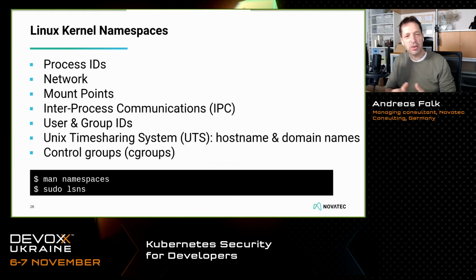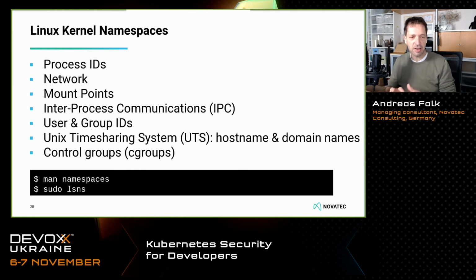When it comes to Linux kernel namespaces, this is the number one isolation mechanism that isolates the different containers on the same Linux kernel. Every container can have its own process IDs. Every container can have its own network stack, mount its own file systems, and have its internal inter-process communication.